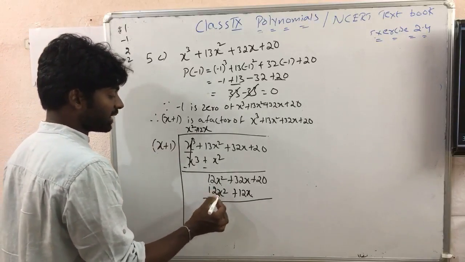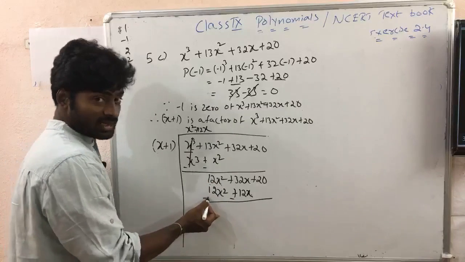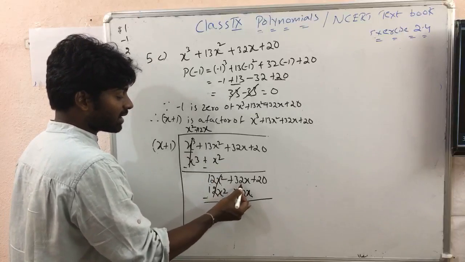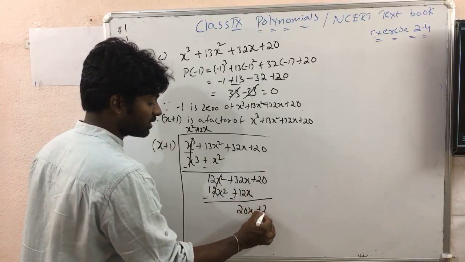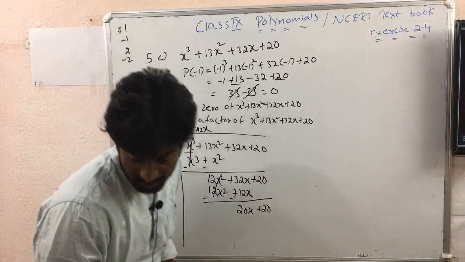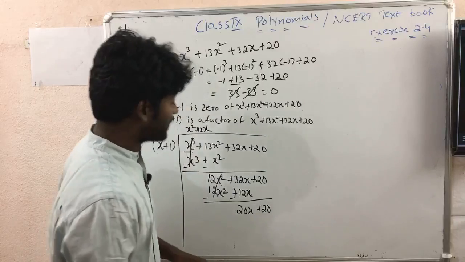Minus into plus is minus, minus into plus is minus, 12x square minus 12x square gets cancelled. 32 minus 12, you will get 20x. Drag this plus 20. Very good, Shivam. x square plus 12x plus 20.